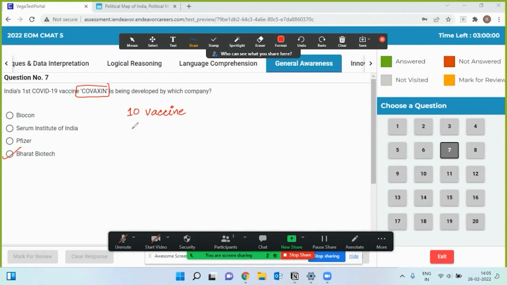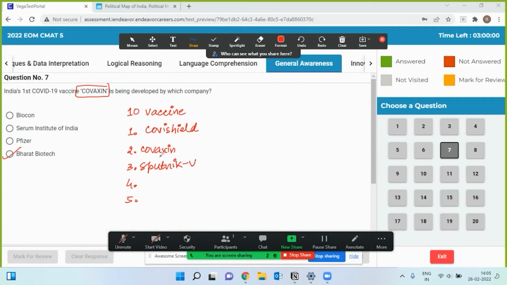If I give you a quick list of these 10. So, first vaccine is Covishield, second is Covaxin, third is Sputnik 5.